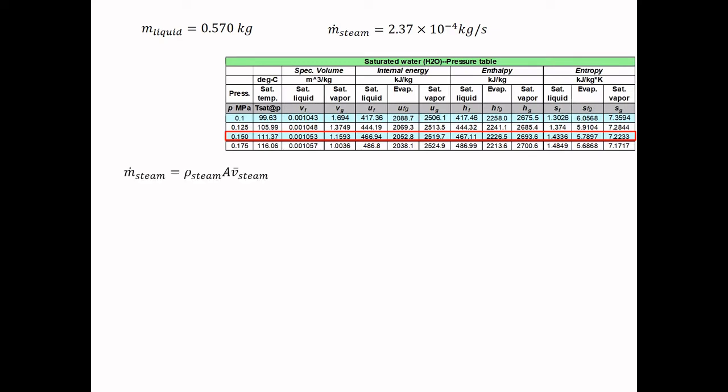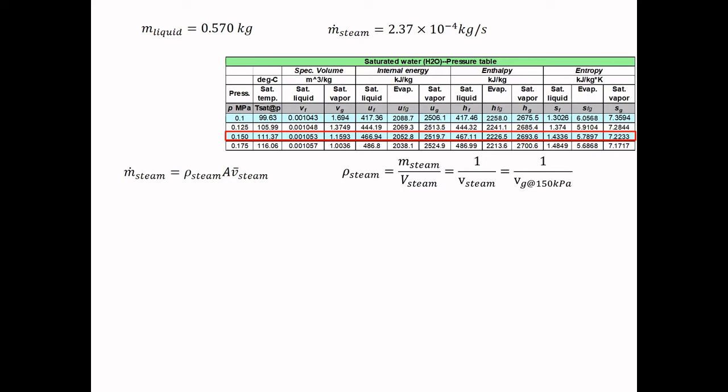Now, in order to get the velocity of the steam that exits from the pressure cooker, we can manipulate the equation for mass flow rate, where m dot for the steam equals rho of the steam multiplied by A, the cross-section area, which is already given in the question, multiplied by the average velocity of the steam, V bar steam. Okay, now we don't have the value for the density of the steam.